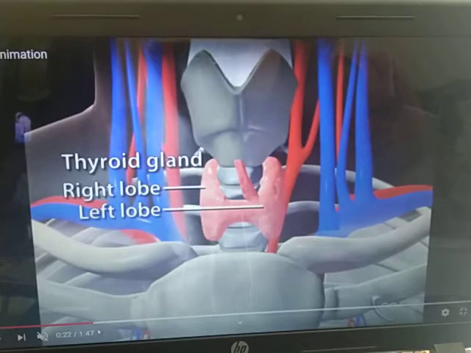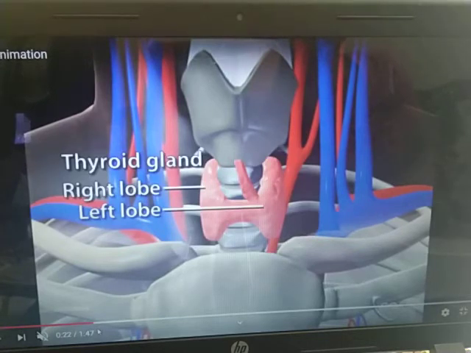Now let's discuss the function of thyrocalcitonin. It is secreted when the calcium level in the blood becomes high. Thyrocalcitonin will ensure that the blood does not have excess calcium, as it helps in reducing the level of calcium, because it suppresses the release of calcium ions from the bones.